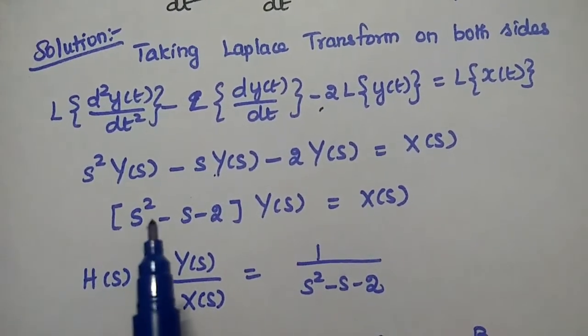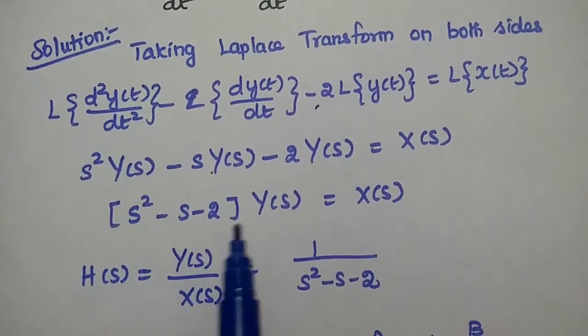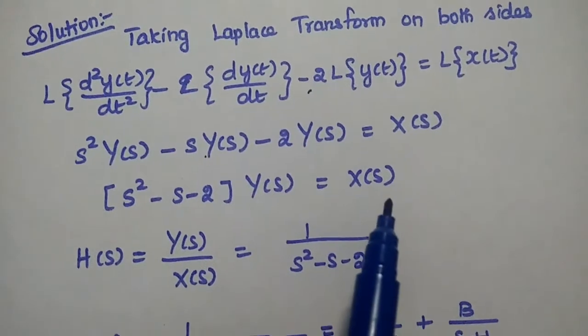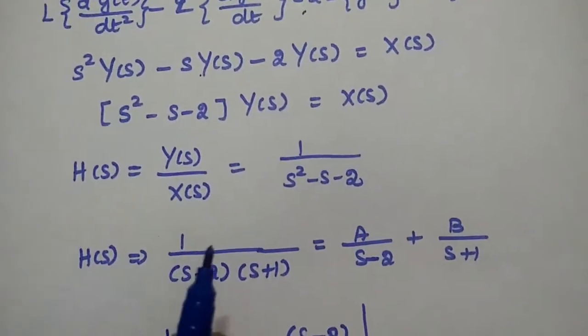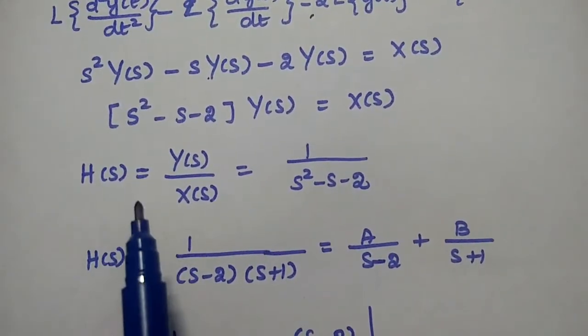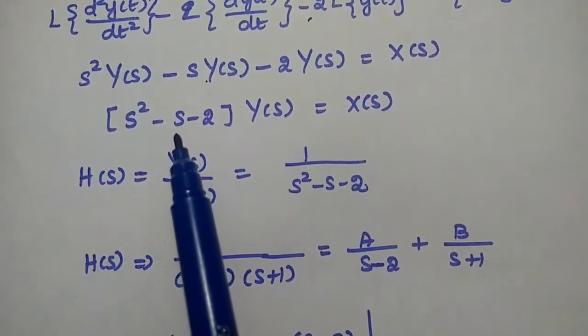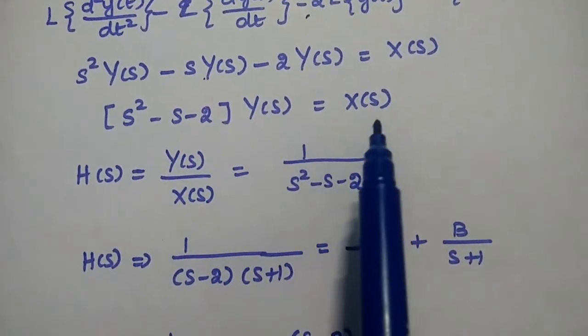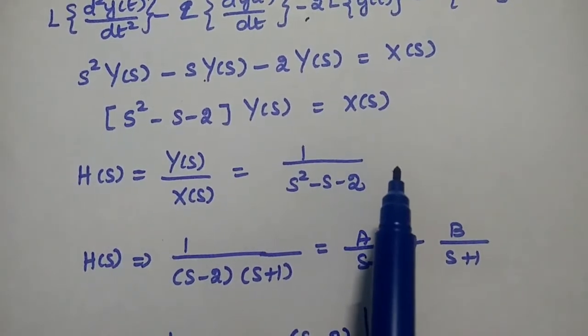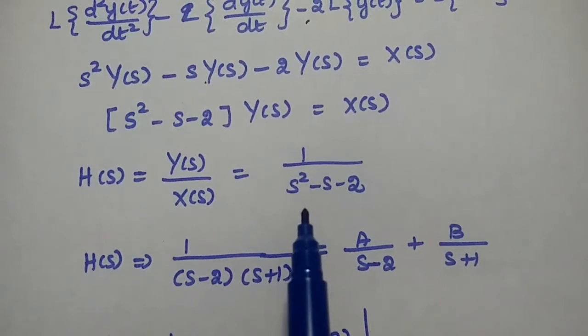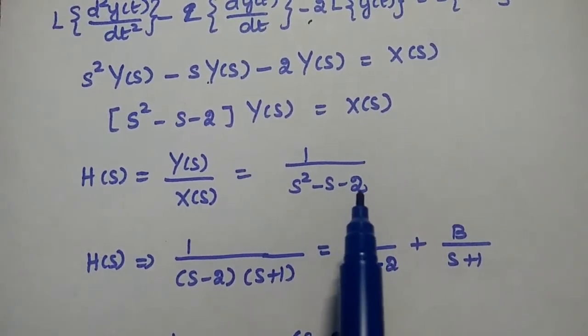Then s squared minus s minus 2 into Y of s is equal to X of s. The system function H of s is Y of s by X of s. So we move s squared minus s minus 2 to the right hand side as the denominator, and H of s is equal to 1 divided by s squared minus s minus 2.